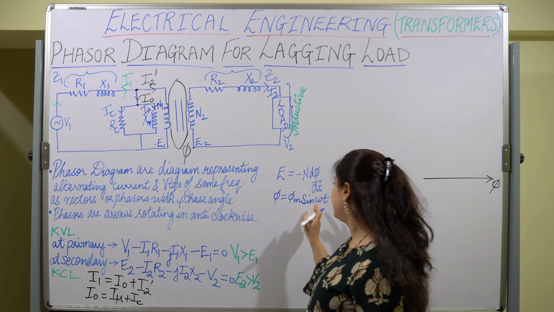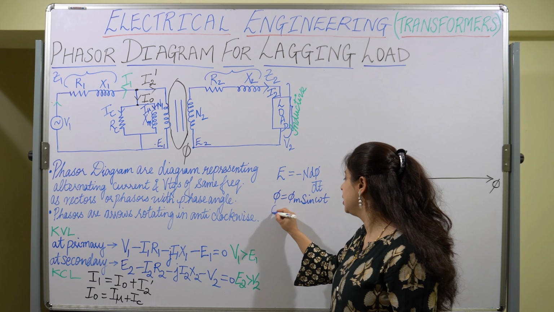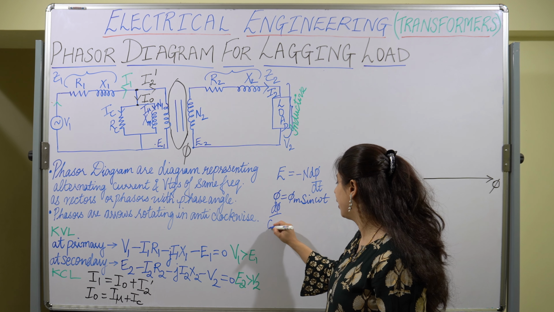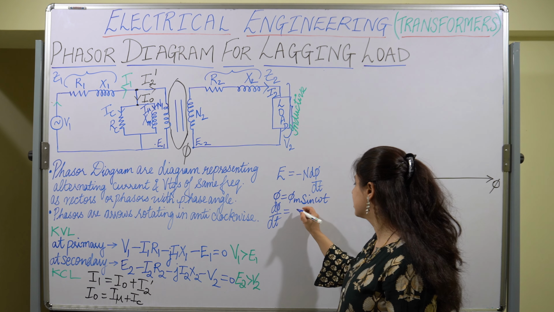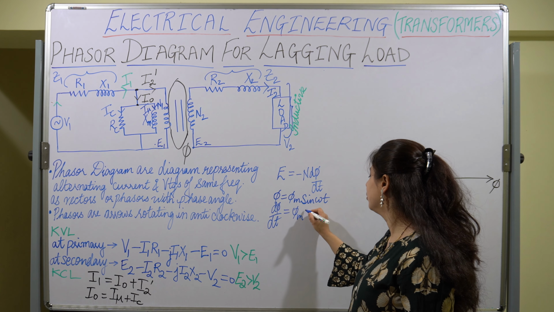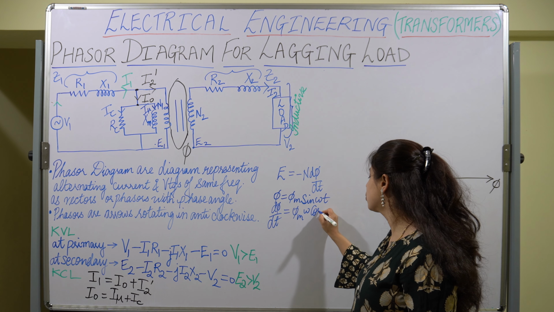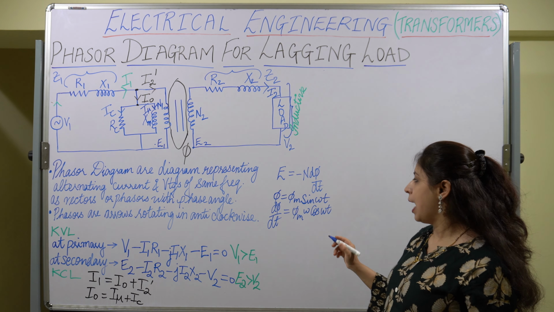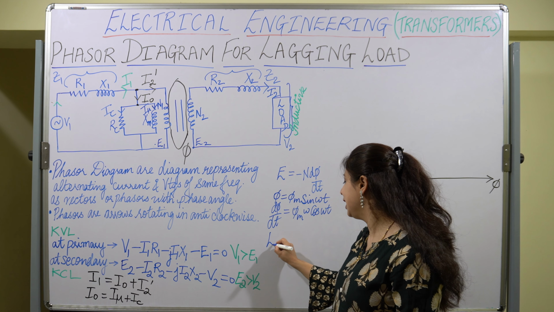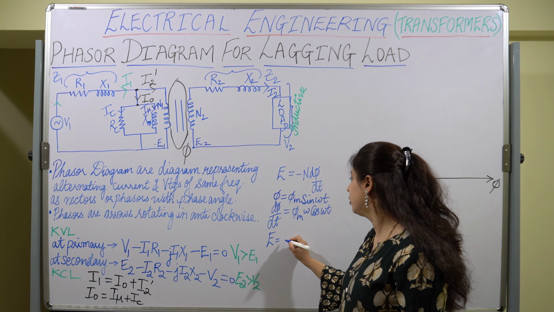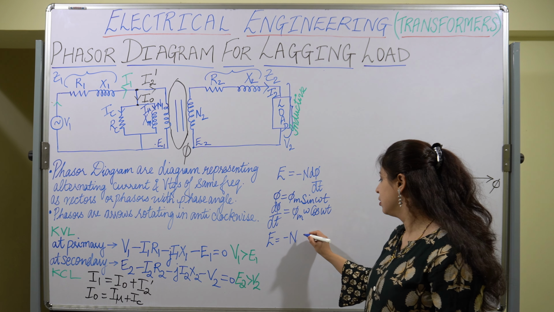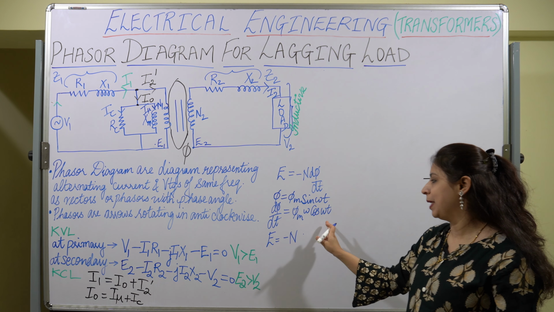So d phi by dt will give us phi m omega cos omega t, and so my E will be equal to minus N d phi by dt.